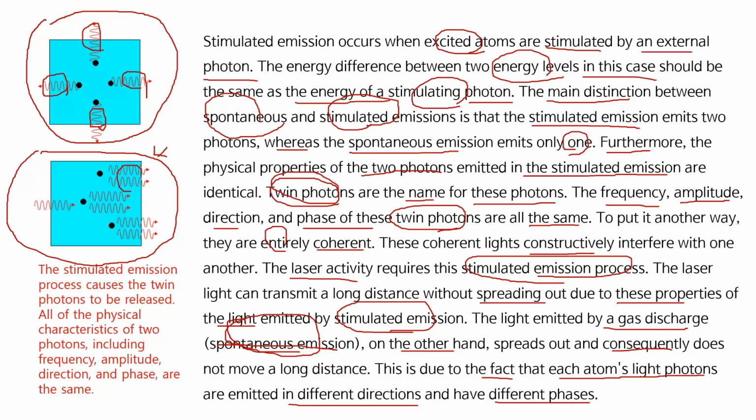Twin photons here have the same frequency, phase, and direction. The stimulated emission process causes the twin photons to be released. All of the physical characteristics of two photons, including frequency, amplitude, direction, and phase, are the same.